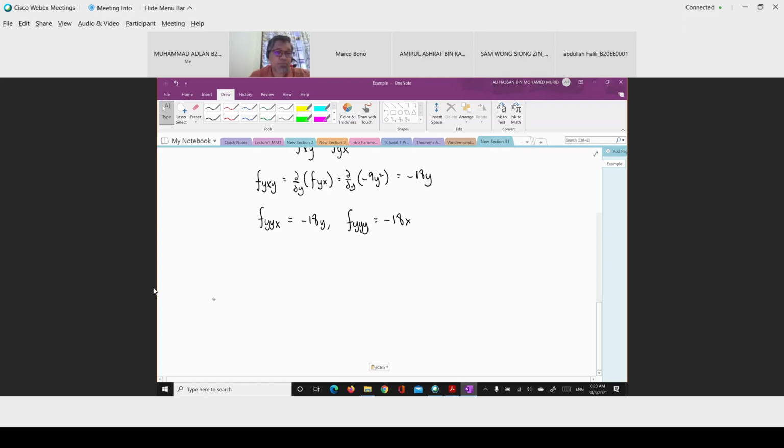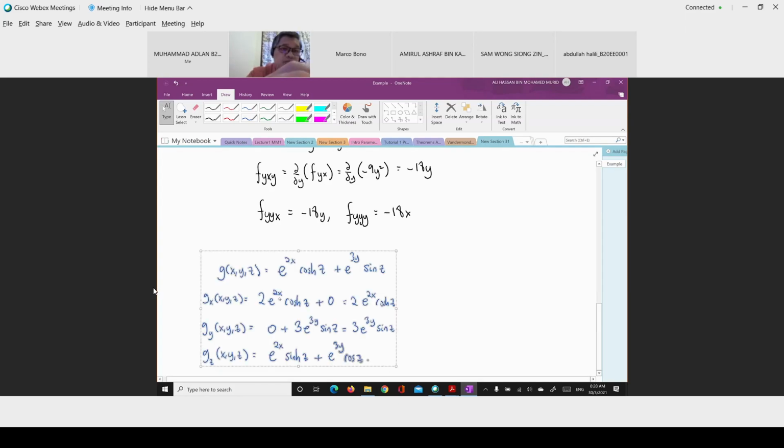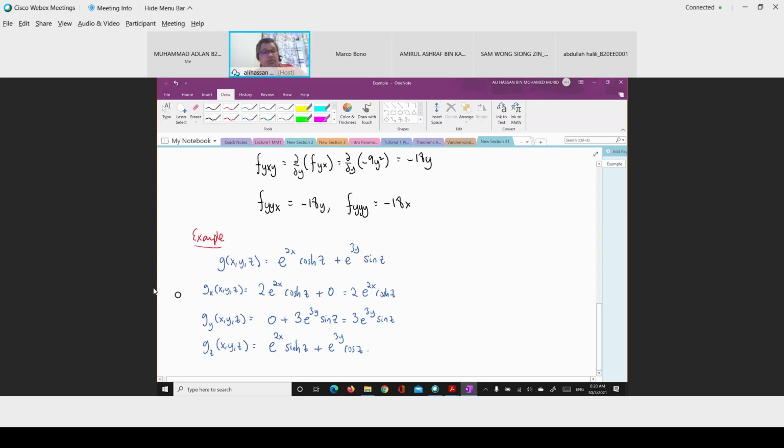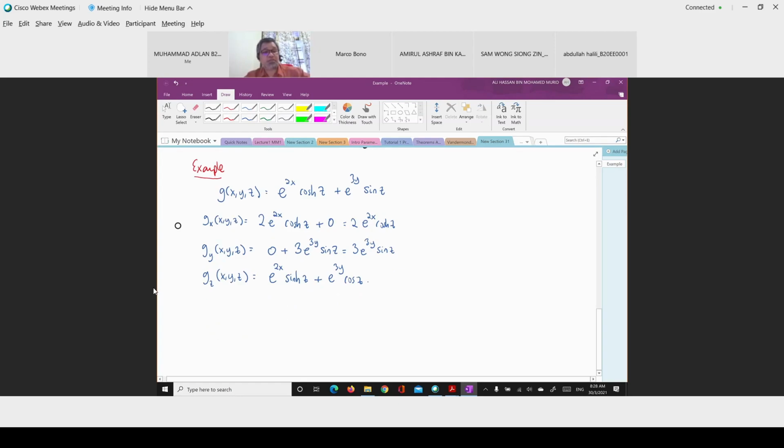Okay, let's take our next example. We have looked at this example. G is a function. We have calculated the first partials here.